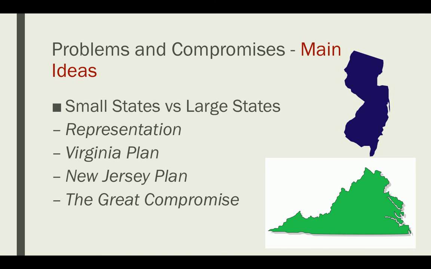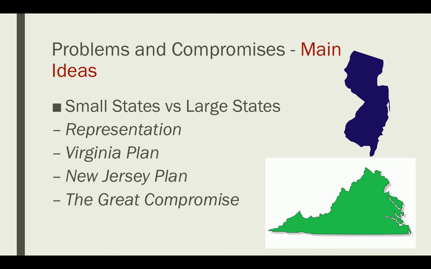So the first compromise we make is known as the Great Compromise, and this gives us what we call the bicameral legislature. Bi stands for 2, cameral being in Congress, 2 houses in Congress is what we end up with.